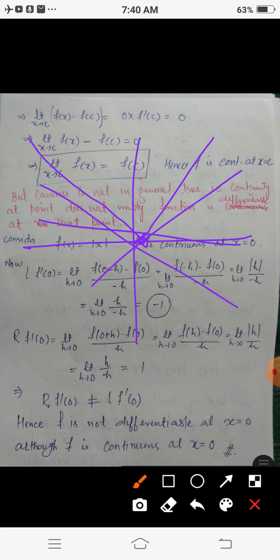So simply we can say that if there is a peak or a vertex in any curve of a function, then this function is never differentiable at this point, because at a vertex we can draw infinitely many tangents. Differentiability means that if we are able to draw a unique tangent at a given point, then we can say that this function is differentiable.